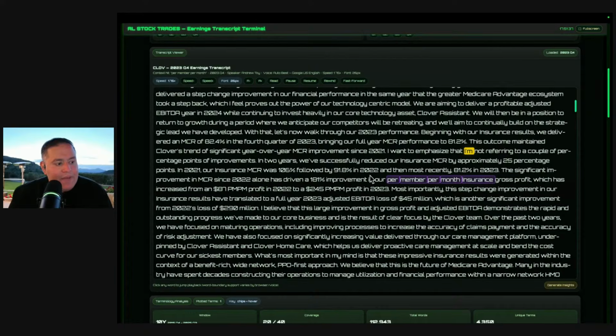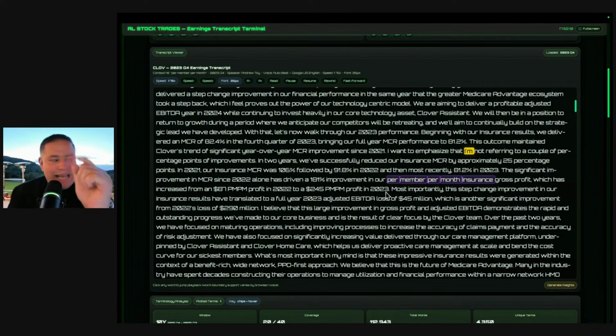91.8%. And then he says in 2022, and then most recently 81.2% in 2023. The significant improvement in MCR since 2022 alone has driven 181% improvement in our per member per month insurance gross profit, which has increased from, watch this, guys, $87 per member per month profits in 2022 to $245 per member per month profits in 2023.